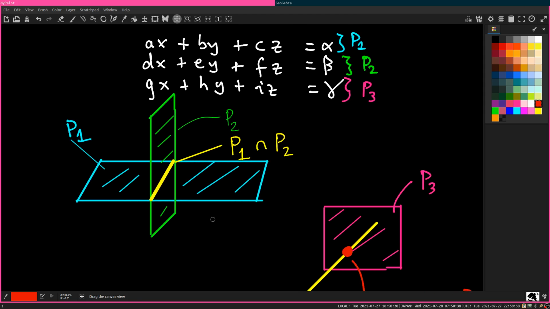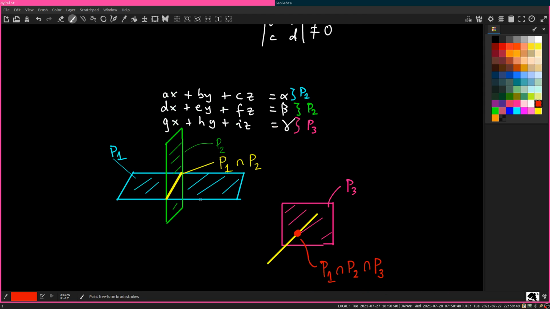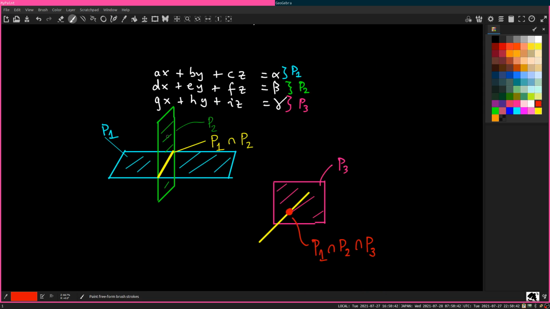Now there's a whole host of ways that this picture could go wrong. You know, if two of the planes are parallel, or if they're the same plane, maybe this line lies on the third plane or lies in a way that's disjoint.